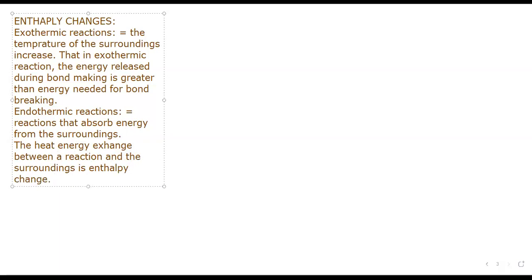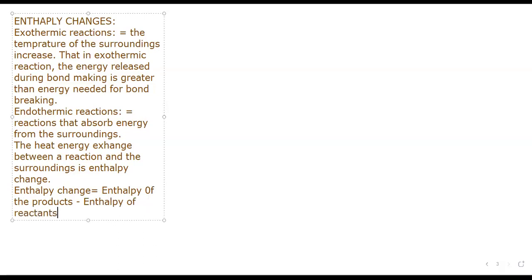Enthalpy change is written with the symbol delta H. Enthalpy change can be calculated quite easily. I can take the enthalpy of the products and subtract the enthalpy of the reactants from it, and I will be able to calculate my enthalpy change.